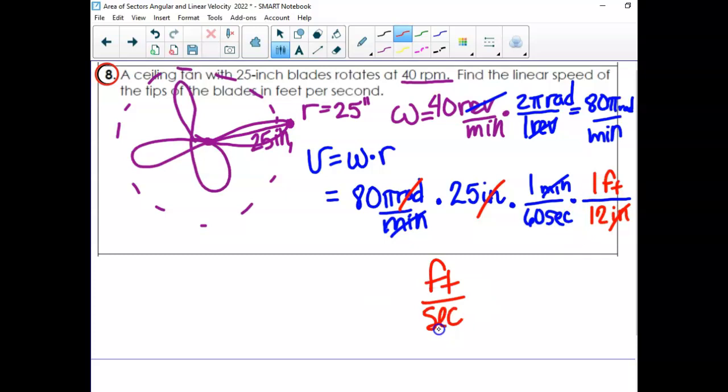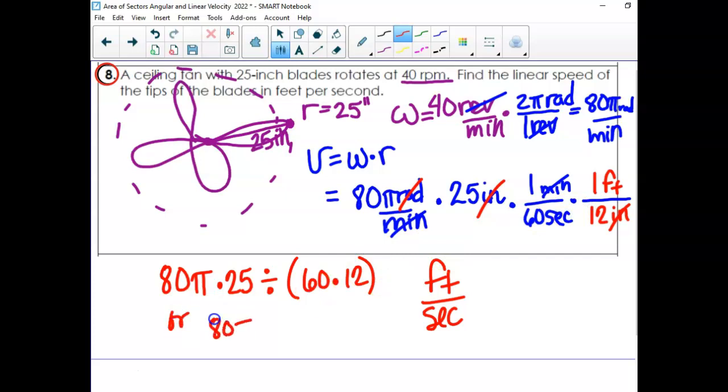Okay, again, there's two things in the denominator. Do you want me to show how you could do it all at once, guys? You could type 80 pi times 25, but then you have to divide by both 60 and 12 multiplied together, or you could go ahead and do 80 pi times 25 times, and you would need parentheses, 1 over 60 times 1 over 12.